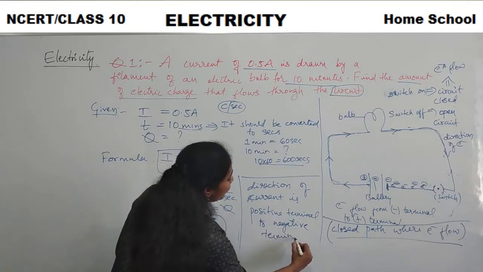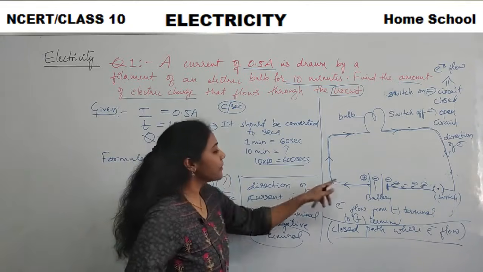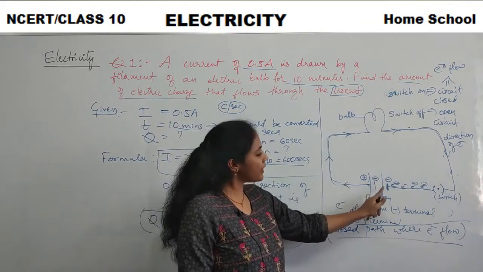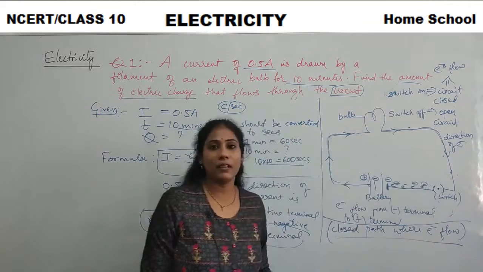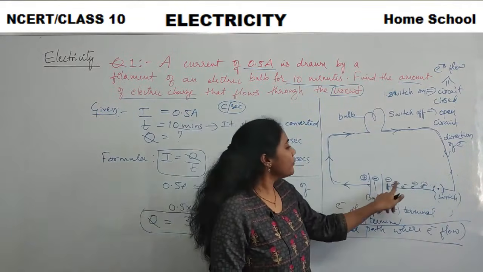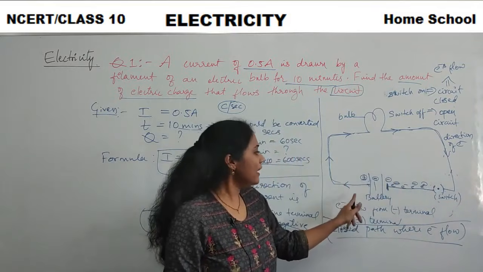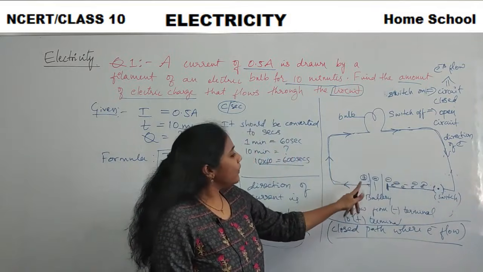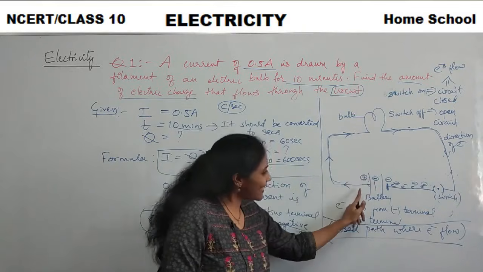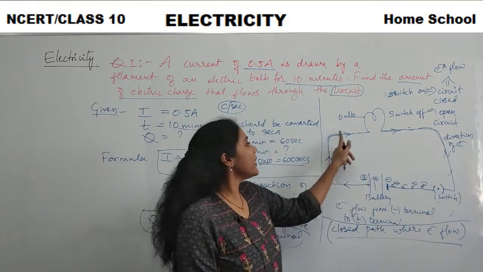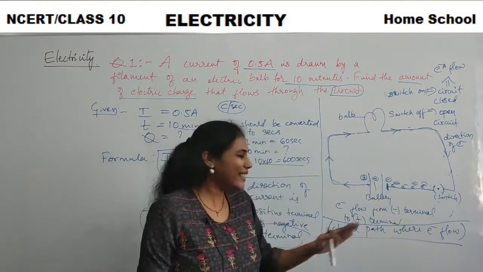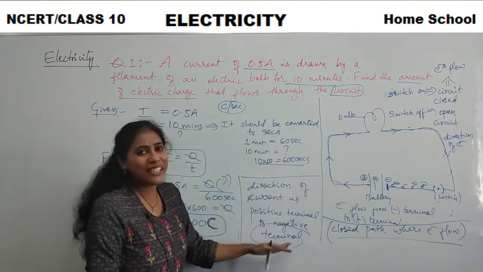So just try to remember, the direction of current is opposite to the flow of electrons. If the electrons are flowing from the negative terminal to the positive terminal, the current generated will be from the positive terminal to the negative terminal. Okay, this is the conventional way. Conventionally we represent it like this.